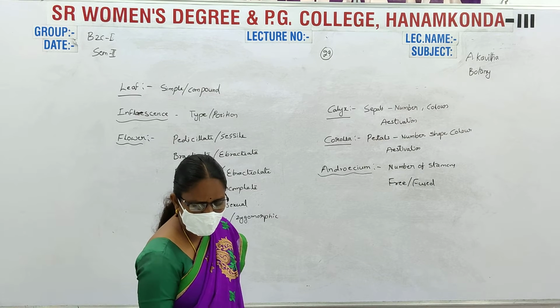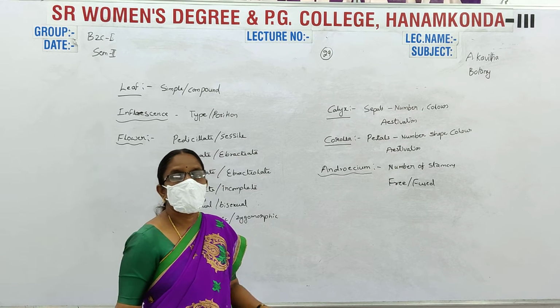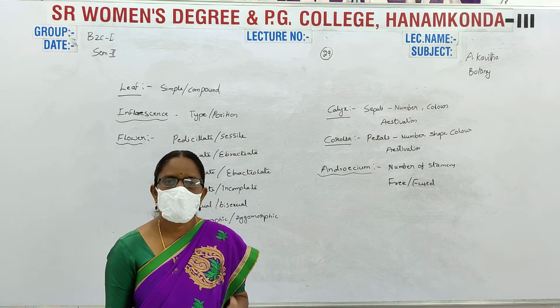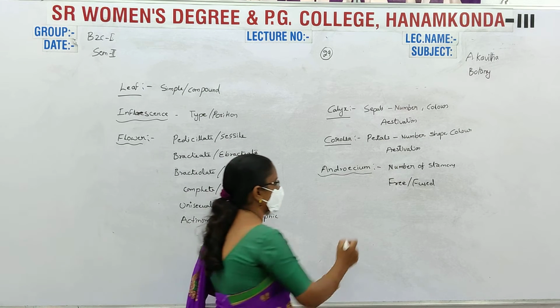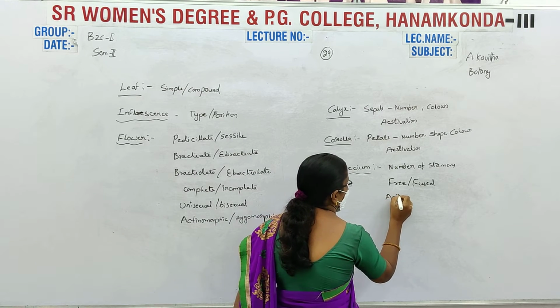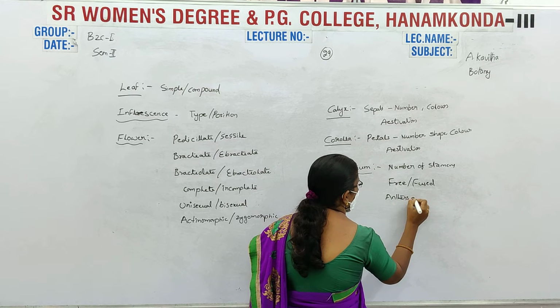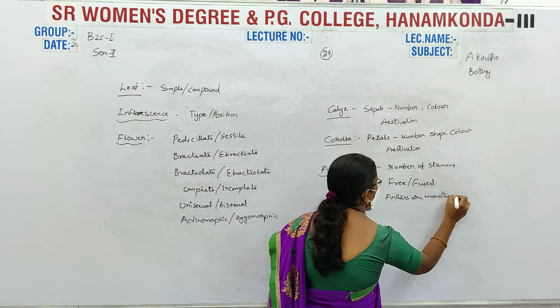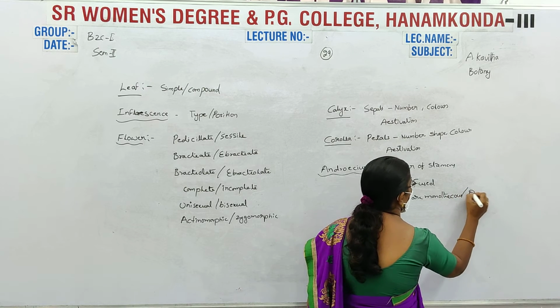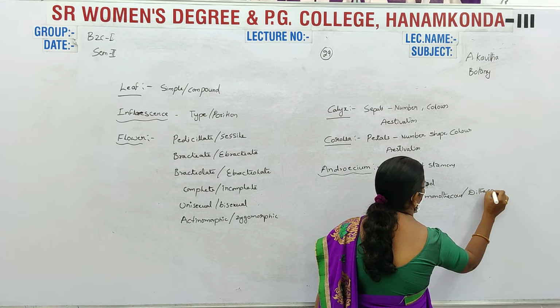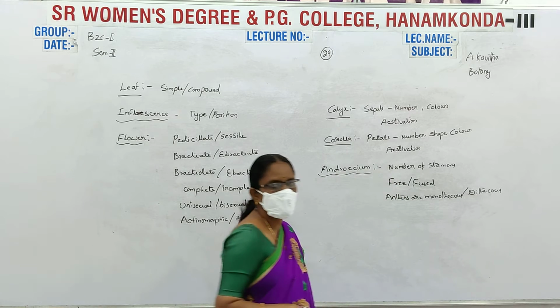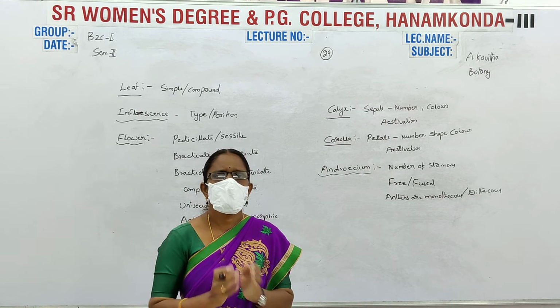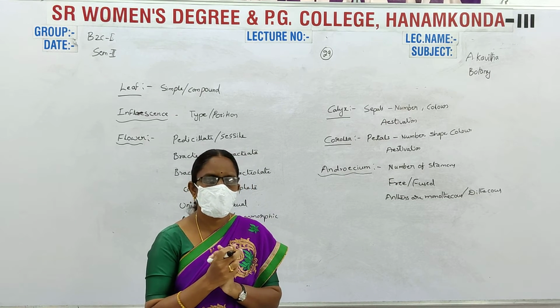And next one is the anthers. Anthers are monothecous or dithecous. Monothecous means only one lobe is present.